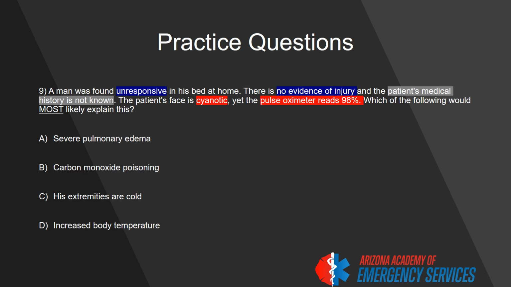What we do know is that the patient's face is cyanotic. What that means is the patient's face is blue. There's a bluish hue now to the skin. And of course we know that cyanosis found on the body means that the patient is experiencing hypoxia, which is low oxygen levels.